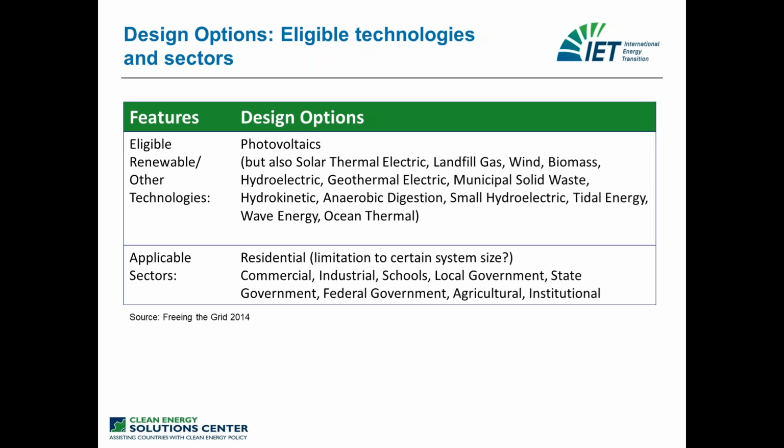Some jurisdictions also start with very specific consumers, for instance schools or local state governments, to test the net metering scheme, and then open it up to other consumers as well. But the general design is that you make it available to all types of sectors. However, there is a need to differentiate the net metering design for residential, commercial, and industrial consumers.